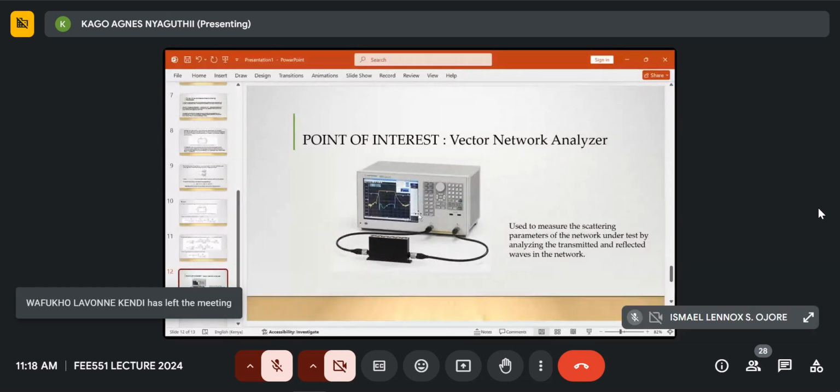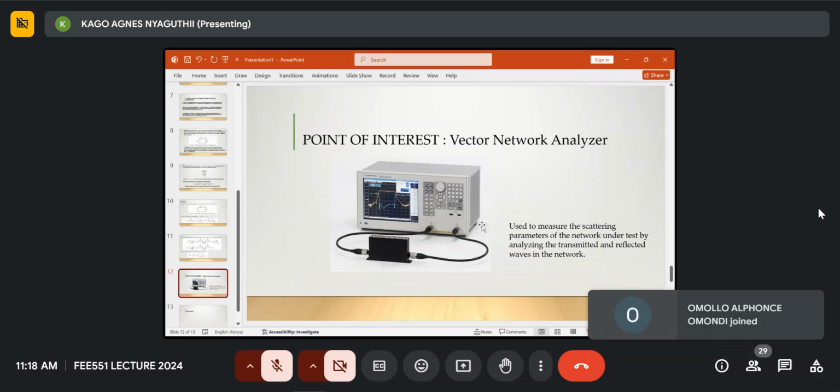Inside here, there's a signal generator that feeds a signal into the network, and the output is then analyzed against the original signal, so that you can get all those parameters and other things like phase and magnitude. The signal is plotted here as you're seeing in the display.